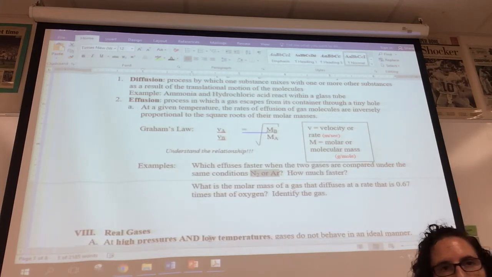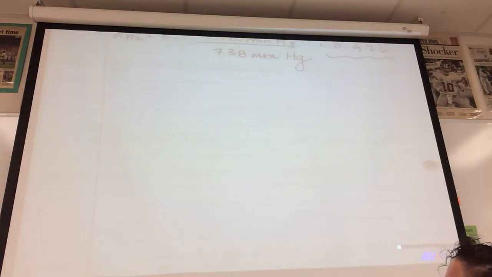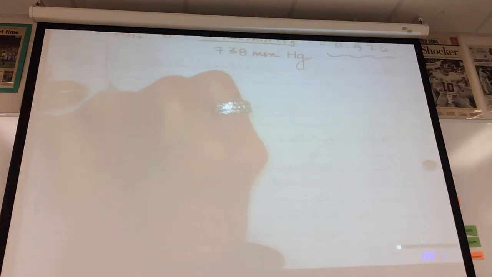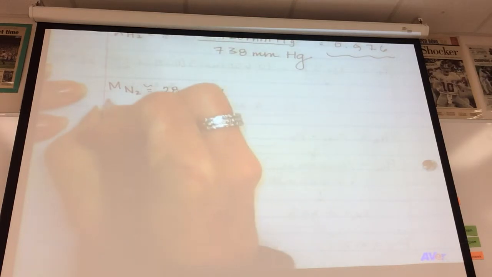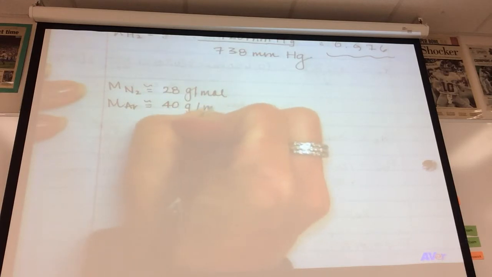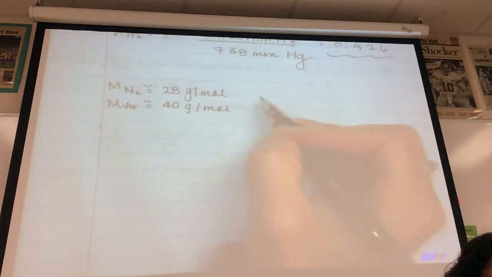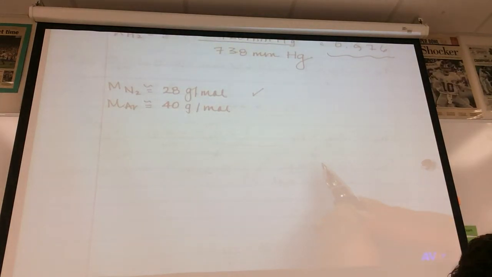The molar mass of nitrogen gas is approximately 28 grams per mole. The molar mass of argon is approximately 40 grams per mole. So clearly the nitrogen gas will effuse at a faster rate because it has a smaller molar mass. Now it says how much faster. How could you determine that?